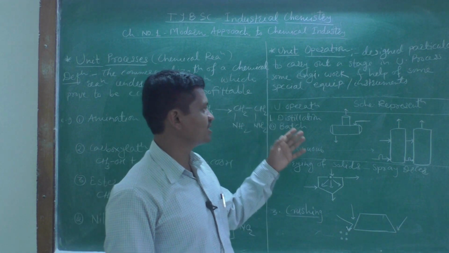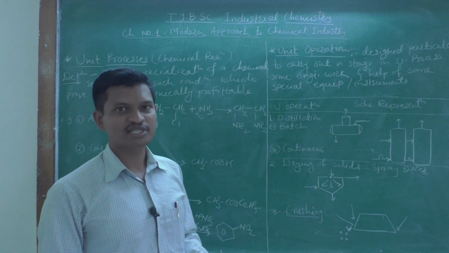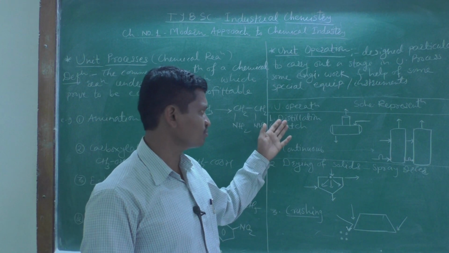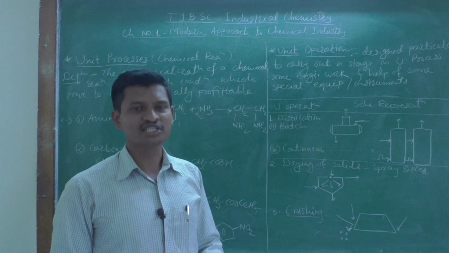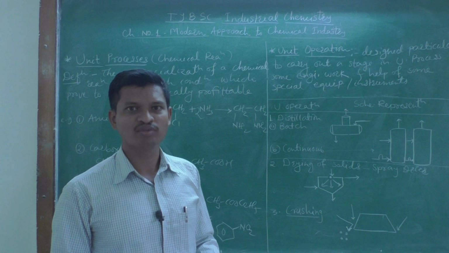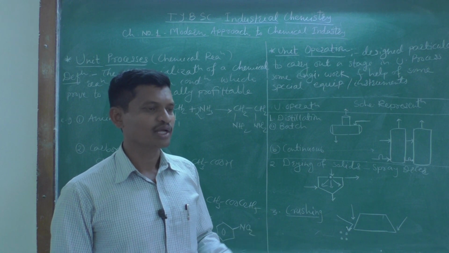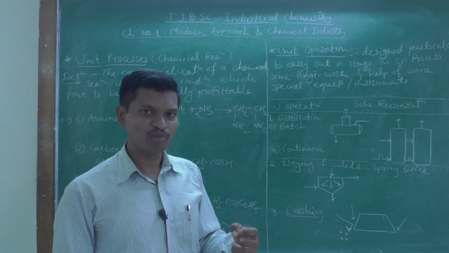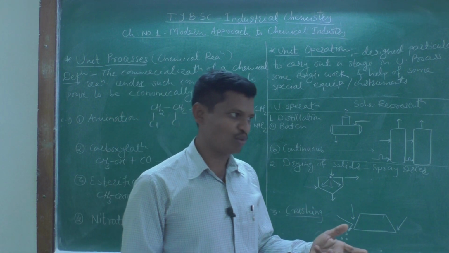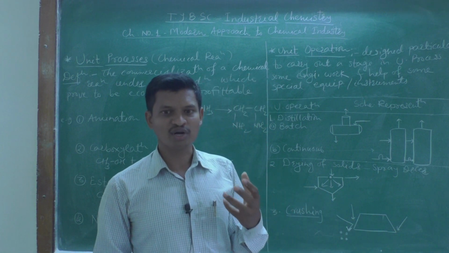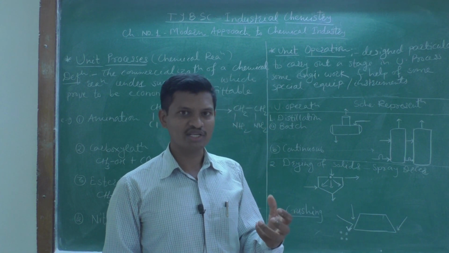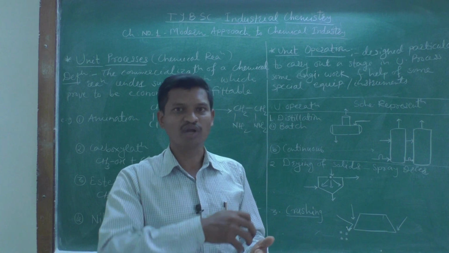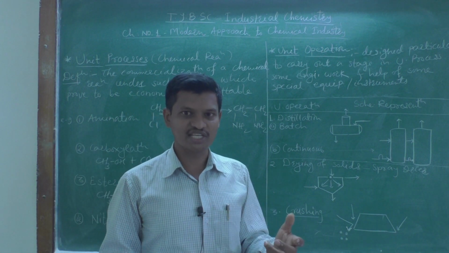Some unit operations and their schematic representations are given here. For example, distillation: we do distillation of liquid compounds. We have two compounds, one having a lower boiling point and one having a higher boiling point, and our product is the one with the lower boiling point. Then we have to recover that product with the help of distillation.